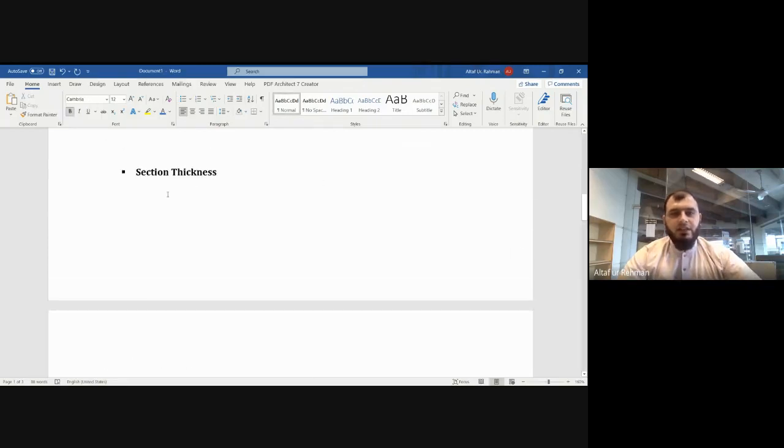Then we have section thickness. Section thickness refers to, for example, if you have a casting where there is a kind of pipe going on where the diameter at the start is more and the diameter at the end is smaller. The issue will be that there is more metal at the bigger diameter, and less metal at the smaller diameter point.